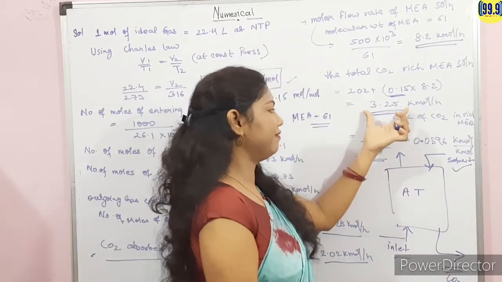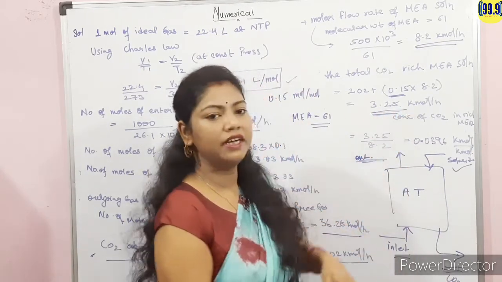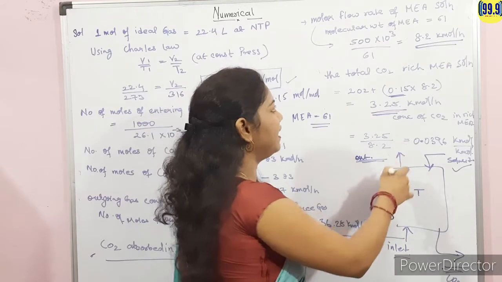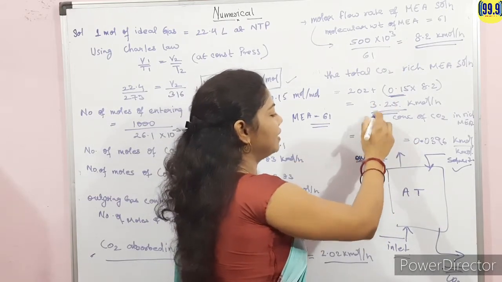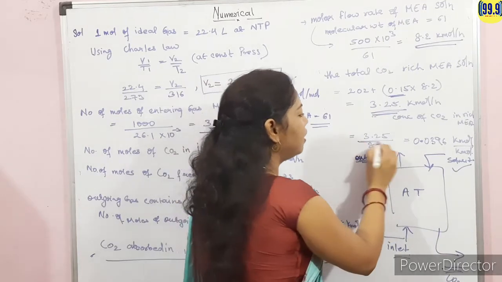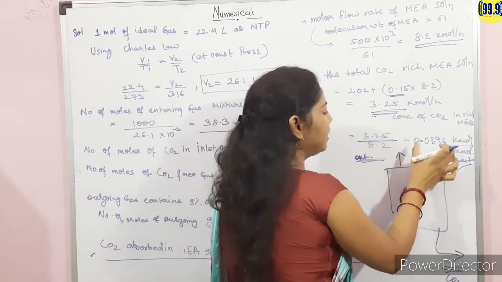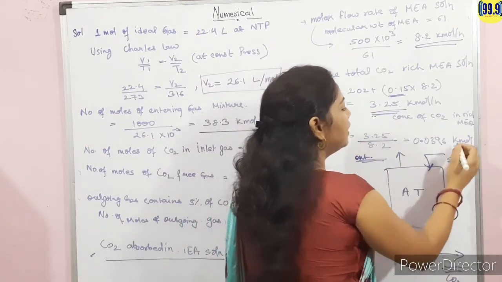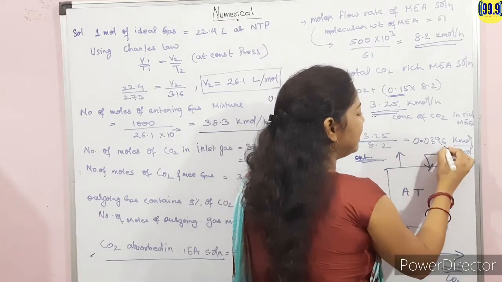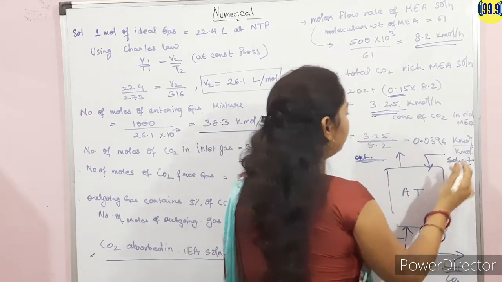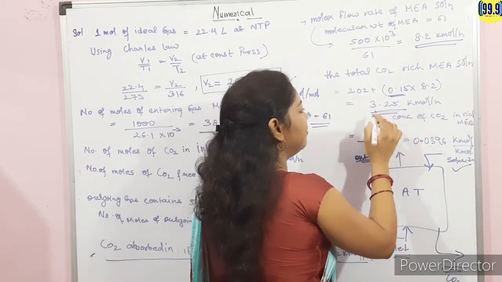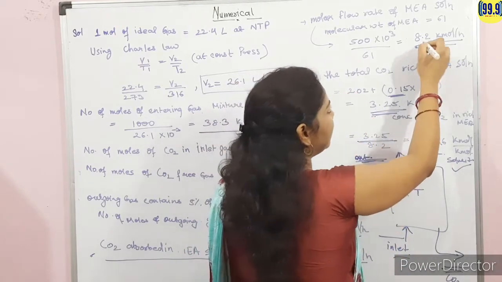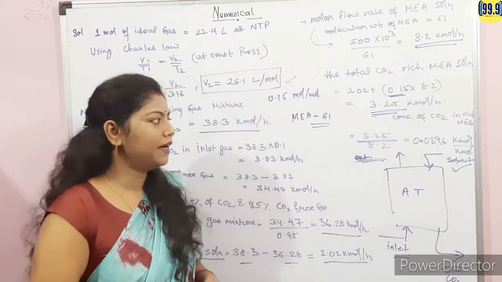So we have to convert into a mole per mole condition. We simply divide this total by the molar flow rate and we get the total concentration of CO2, that is 0.396 kilomole per kilomole, obtained by dividing 3.25 by 8.2 kilomole per hour.